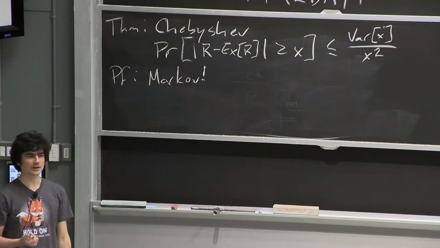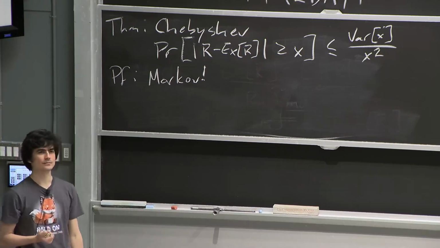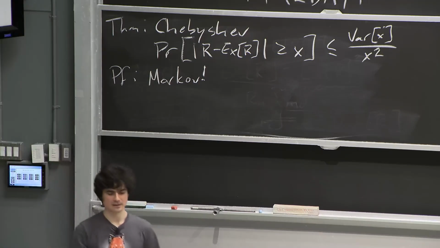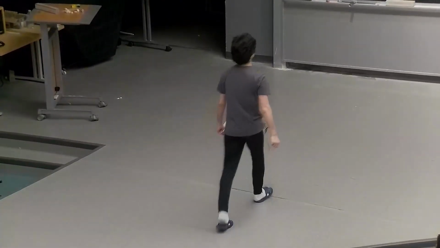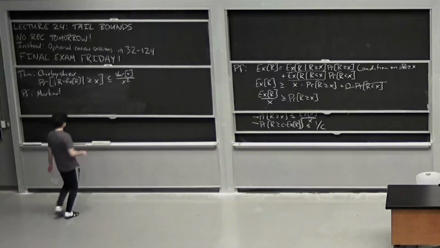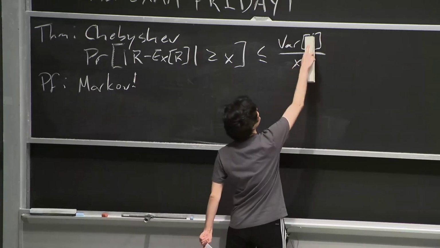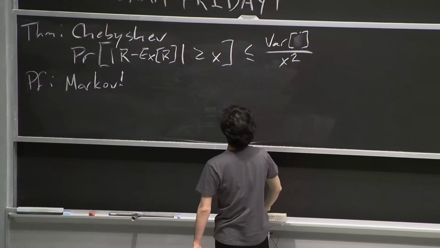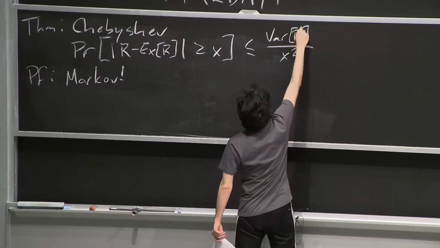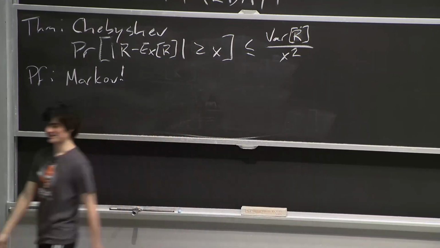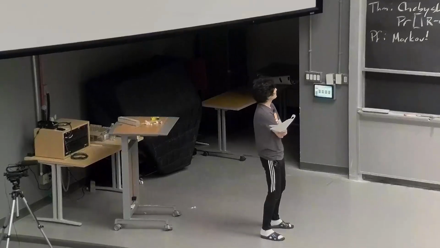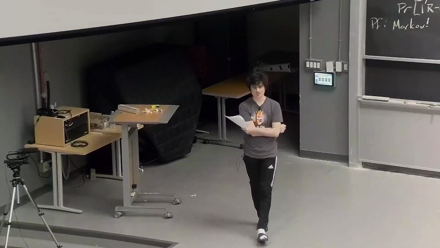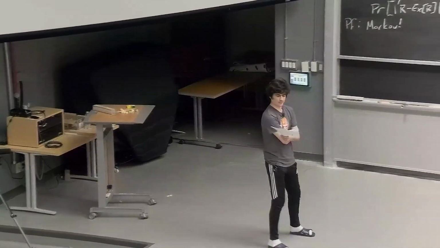Does that make sense to everybody? Oh, variance of R. Sorry. Thank you. Yes, variance of x does not make any sense. So what might be a useful random variable that we can apply Markov to?